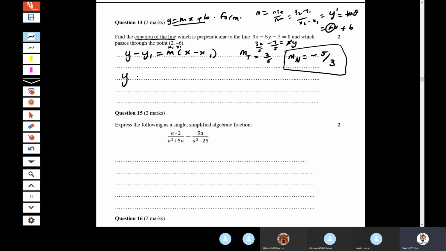And then the rest is easy. Any questions for that one there? While I just finish this bit off, times by 3. Bring everything to one side.